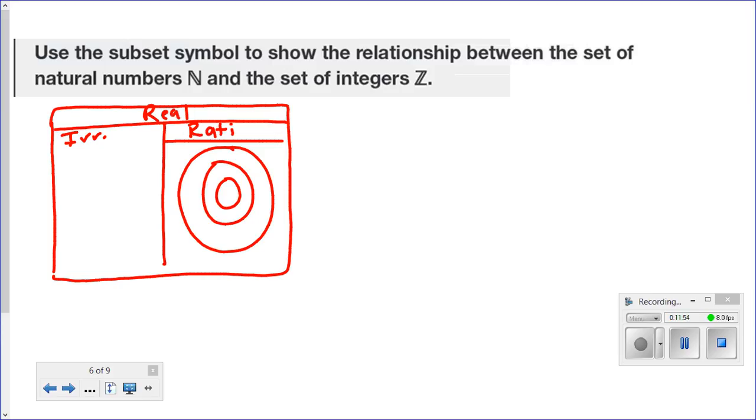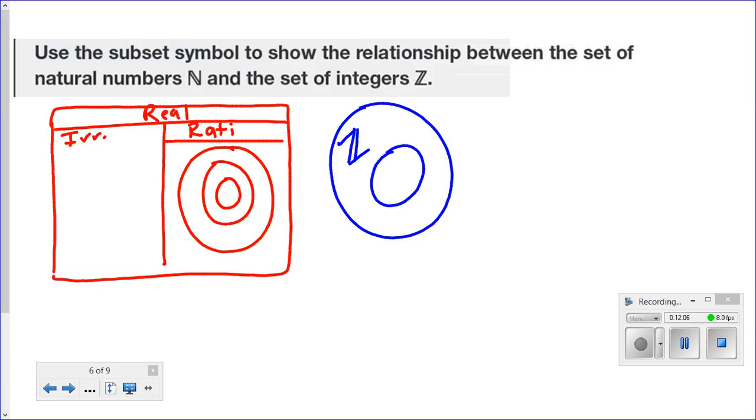So comparing those, you can see that our Venn diagram is going to look like this. Here's our integers. So we'll just make it a Z. Here's our integers, and inside of our integers is our natural numbers.